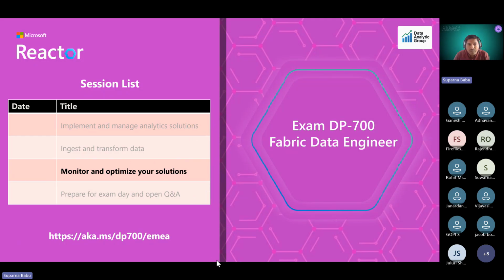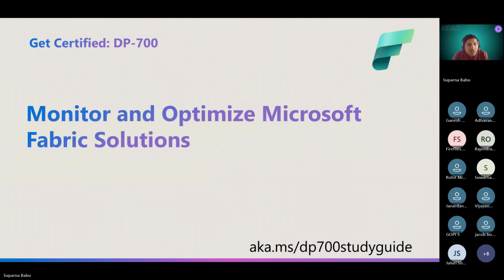For the completion of this certification, it is not only about building the pipelines, running the Spark jobs, and building the reports. You need to monitor and optimize your Microsoft solutions. Why do you need to monitor and optimize these Microsoft Fabric solutions? In subsequent slides we can see that.